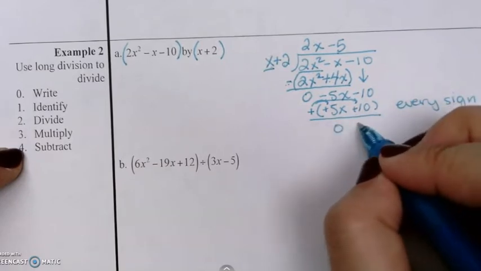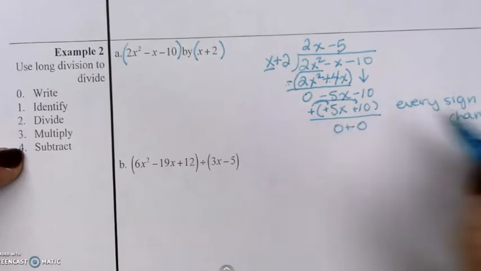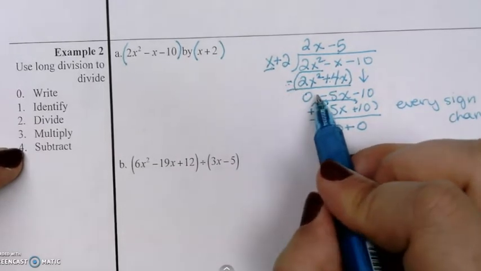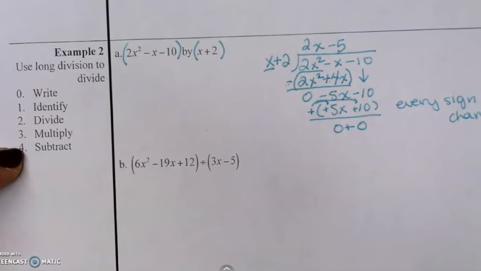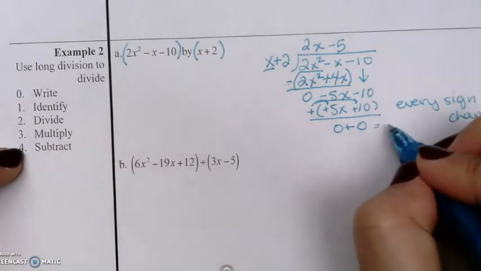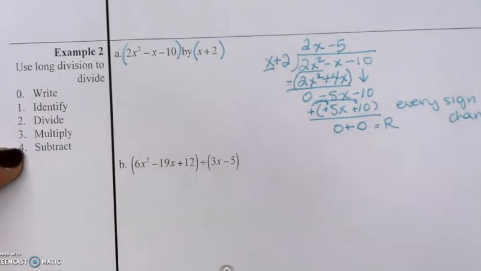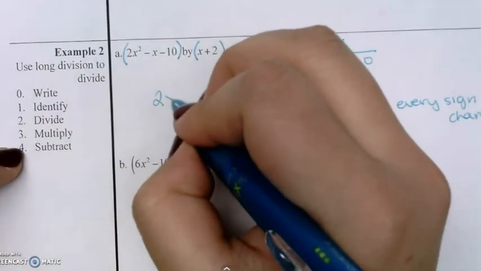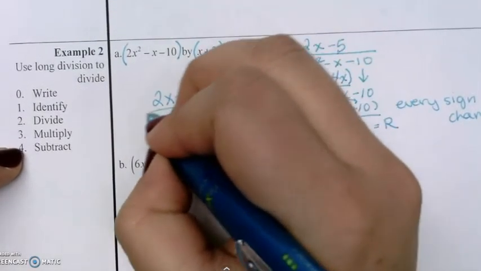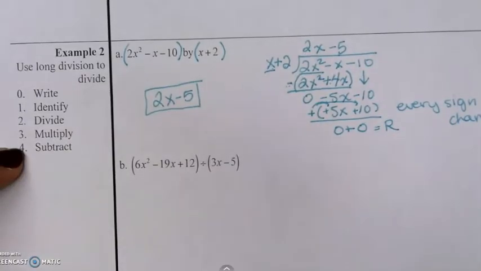Negative 10 plus 10 is 0. Okay, so you don't have to distribute the negative, but I do think it's easier to see the operations when you distribute the negative. And now we can see that there is no remainder because 0 plus 0 is 0. And so our quotient is 2x minus 5. Our solution to this division problem is 2x minus 5.